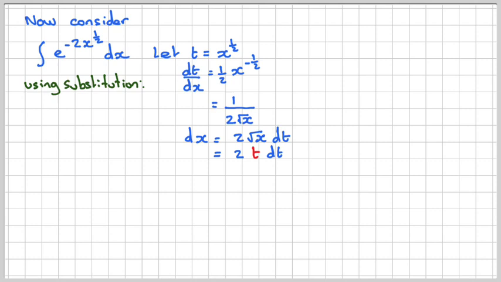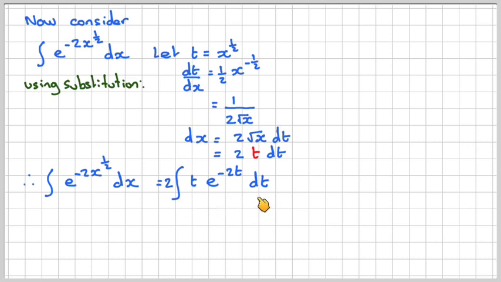Now because root x is equal to t, we're just going to write that as 2t dt. So the integral of e to the minus 2x to the half dx will become the integral of 2t e to the minus 2t dt, where x to the half is equal to t.